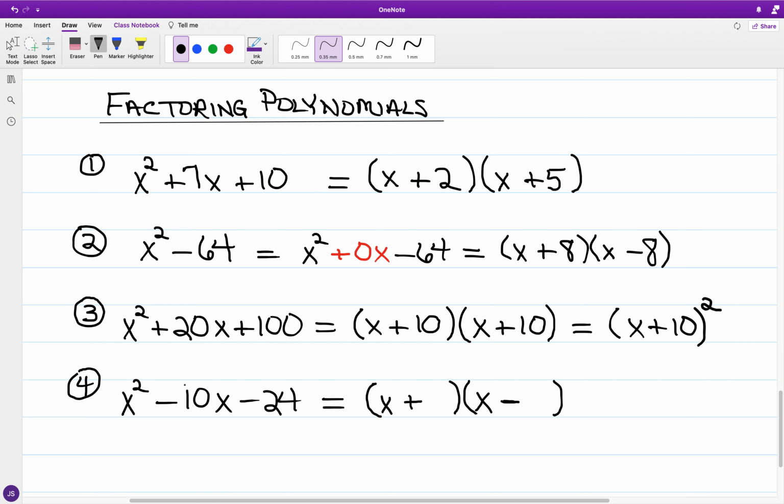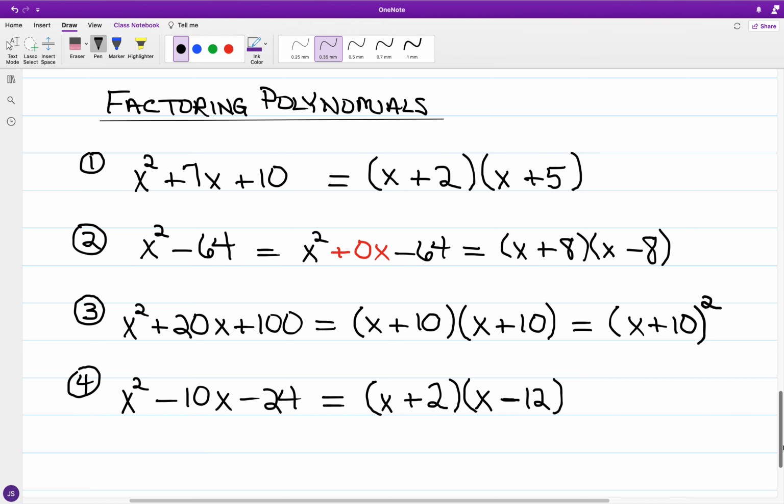So this will signal that more weight will be given to the subtraction than to the addition. For this particular case, we're going to have only x plus 2 and x minus 12. So 2 times negative 12 is negative 24, and 2 plus negative 12 will amount to negative 10. So those will be your binomial factors.